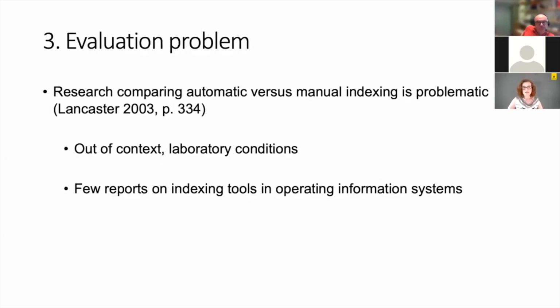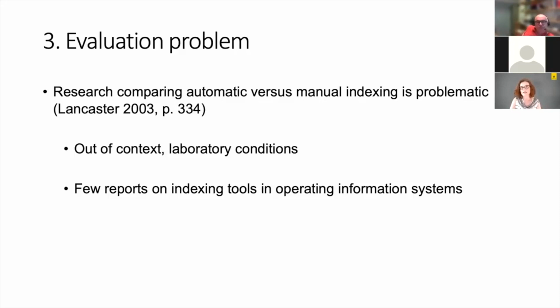But this also brings us to the problem that we already mentioned, and that's connected to evaluation. Research comparing automated versus manual indexing is problematic. This was said 20 years ago or so, but it's still the case because most research is still conducted out of context in laboratory conditions.